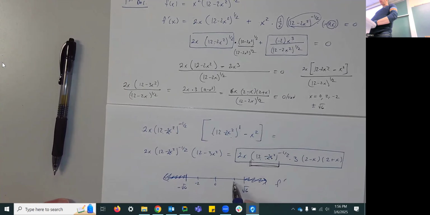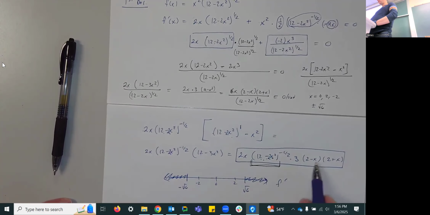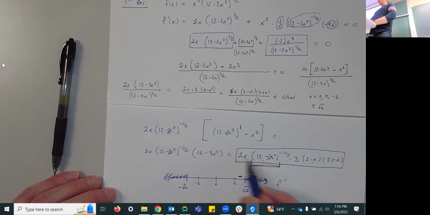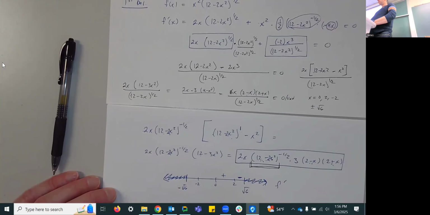So pick a number bigger than 2, like 2.1, because root 6 is not that much bigger. Positive, always positive. Negative, positive. I had one negative, the whole thing's negative over here. Between 0 and 2, pick one. Positive, positive, positive, positive. Pick negative 1, or look at the power of x to the first.